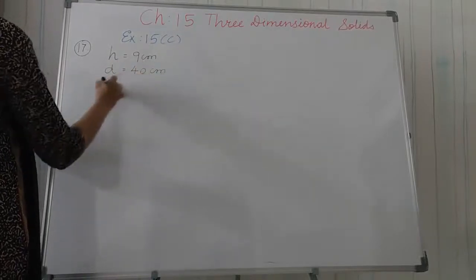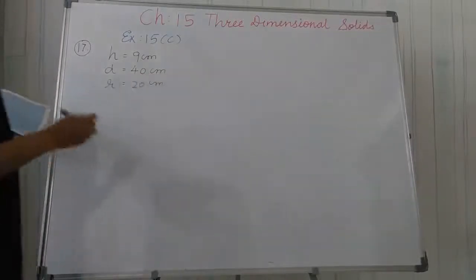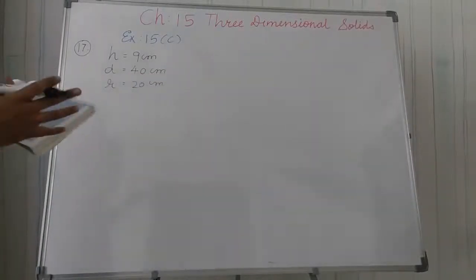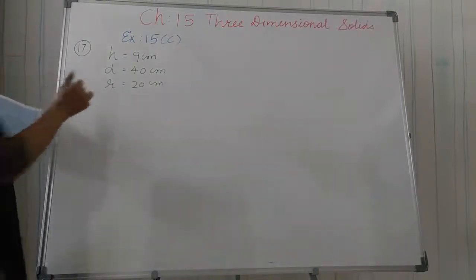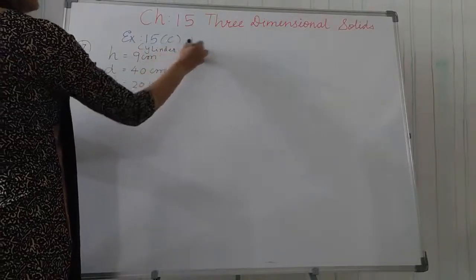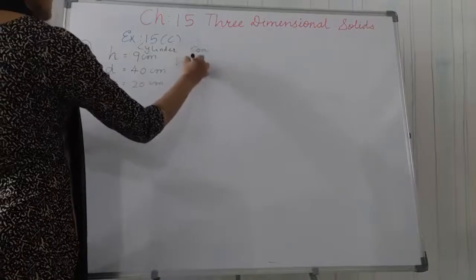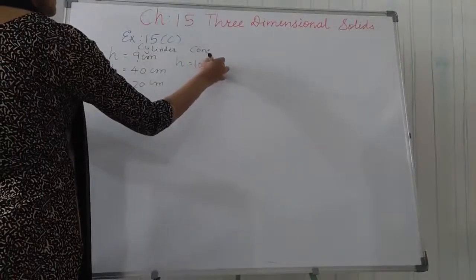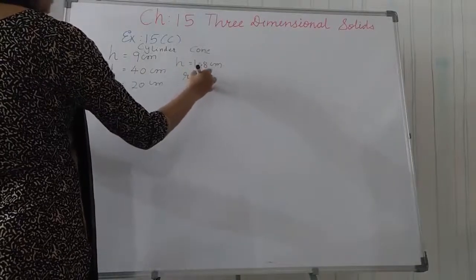So we can write radius 20 cm. Find the radius of the base of the cone if its height is 108 cm. So these dimensions are given for the cylinder, and for the cone we are given only the height 108 cm. So we have to find the radius of the base of the cone.